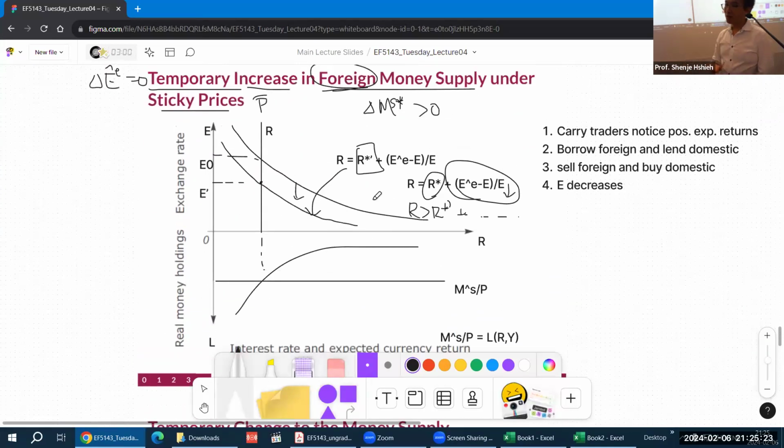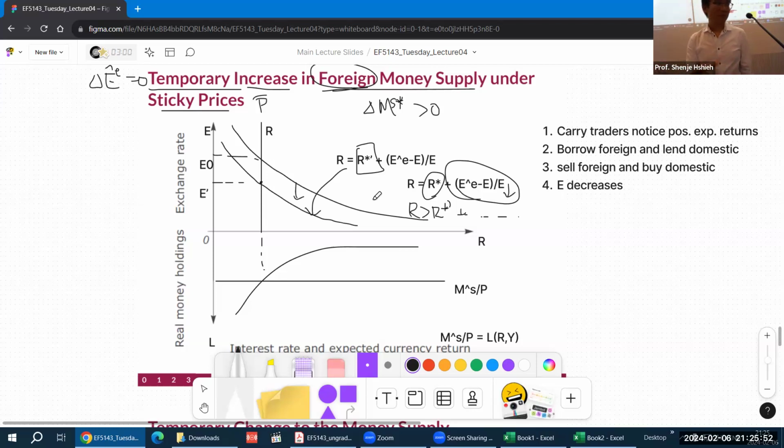So in this case, from the perspective of the home country, if foreign central banks conduct expansionary monetary policy, interest rates are going to decline. Again, the same logic. Carry traders come in, maximize or exploit positive expected returns, lend low, borrow high. The exchange rate is going to go in the direction that favors the country with a relatively higher interest rate.